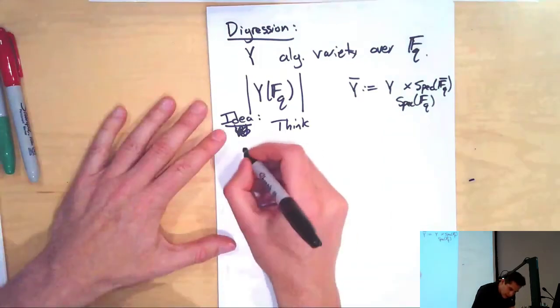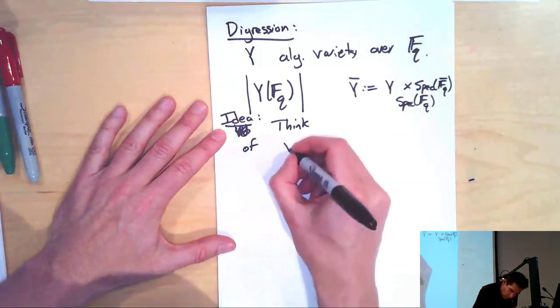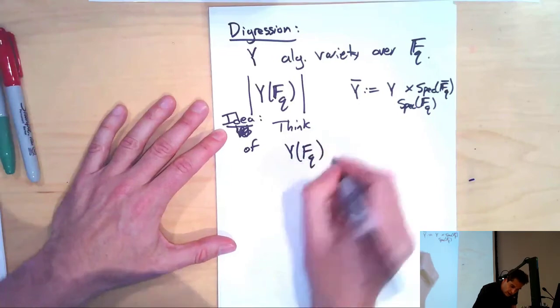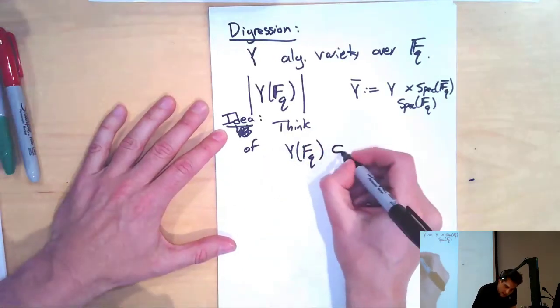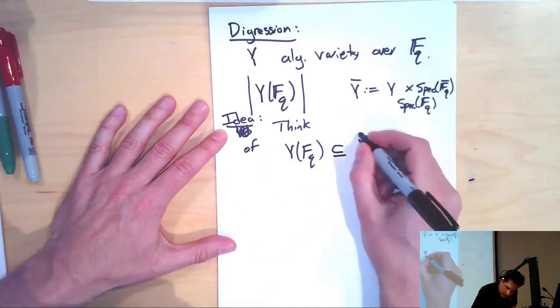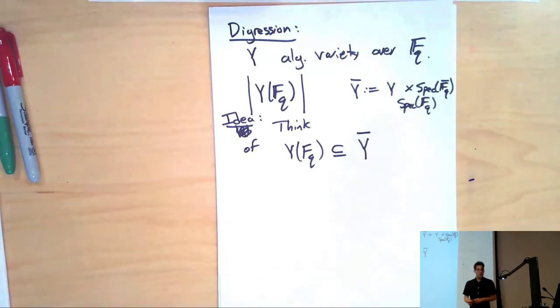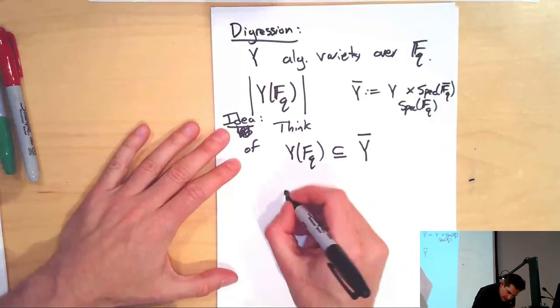And now the idea is to think of Y(F_q), this finite set, as sitting inside this algebraic variety, Y bar, over an algebraically closed field. And in fact, it sits inside there in a very specific way.